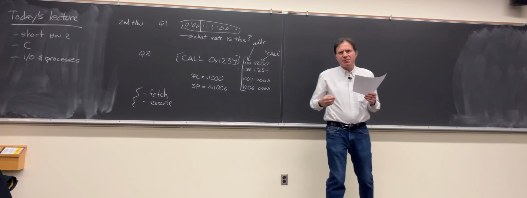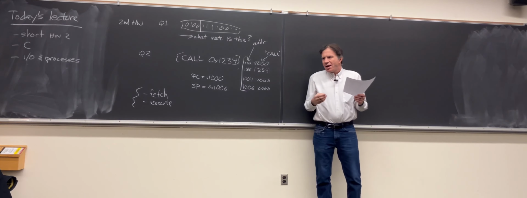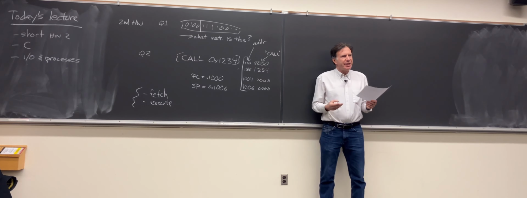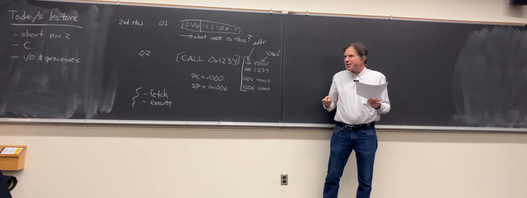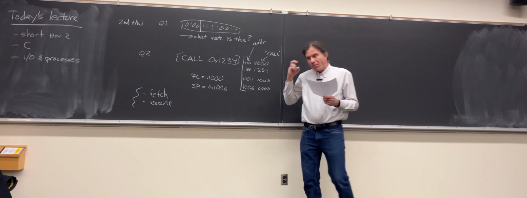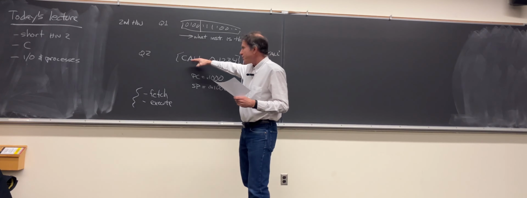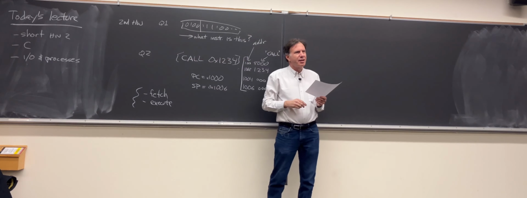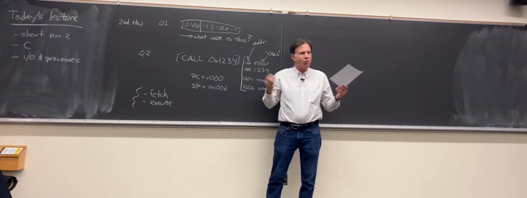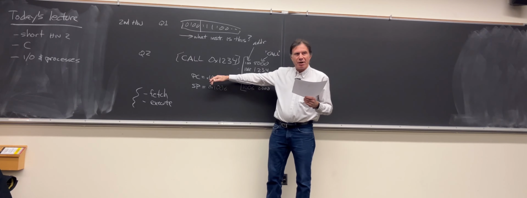Again, there's no magic in the CPU. In fact, there's so little magic in it that it's doing things that are dumber than you think. All that the call instruction does in the end to get to address 1234 is set the program counter.